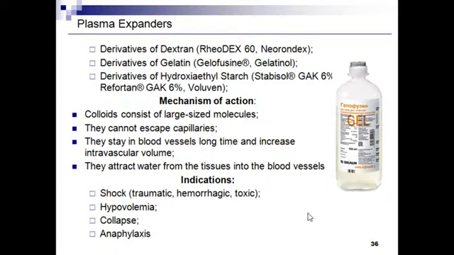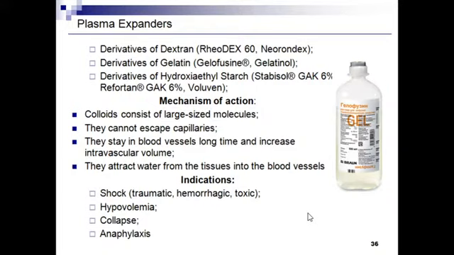The colloids consist of large-sized molecules, and they cannot escape capillaries and remain in the cardiovascular system. They stay in blood vessels a long time and increase intravascular volume because of attraction of water. They attract water from the tissues into the blood vessels and increase and maintain intravascular volume.